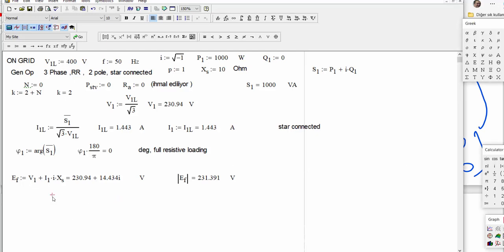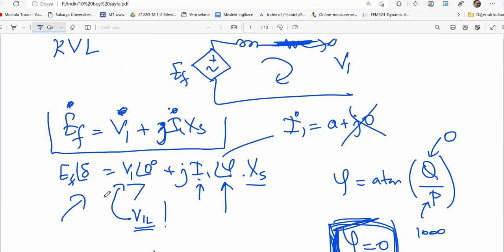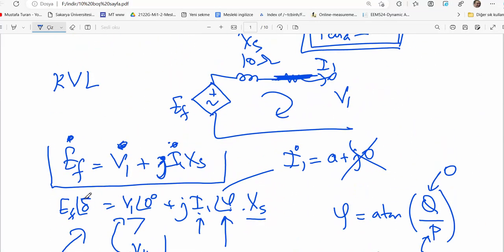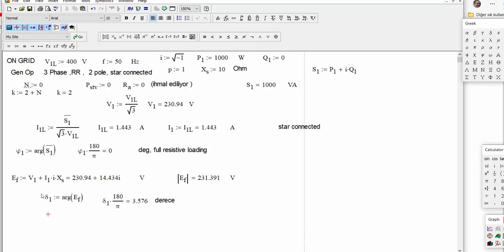Let me say delta 1. That is the angle of EF. Remember, here is delta. So arctangent of imaginary over real part of this EF complex number results in delta. Here is delta, which is the argument of the EF complex parameter, and it is 3.5 degrees.